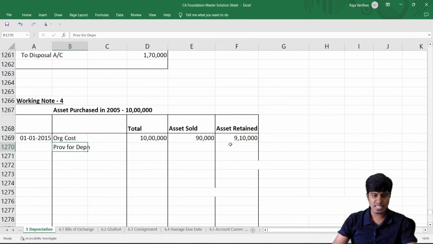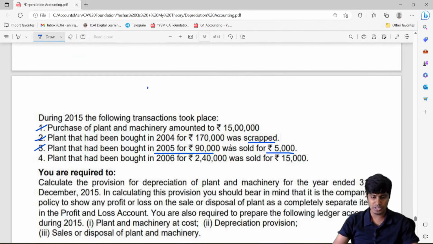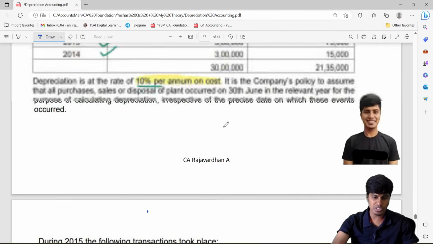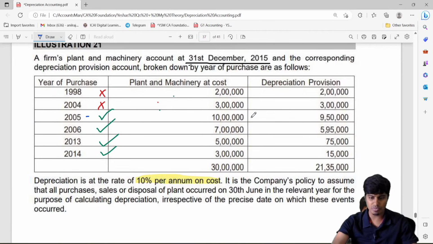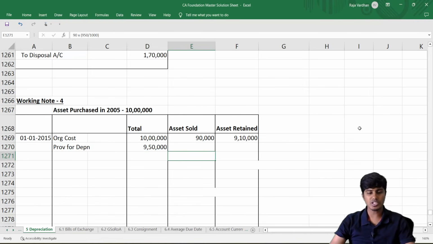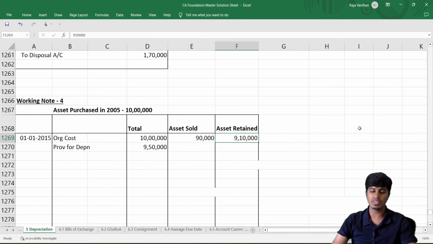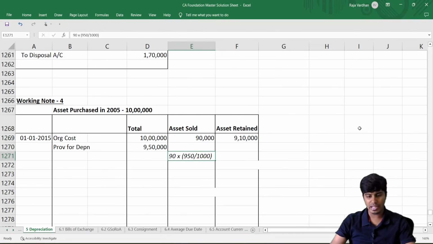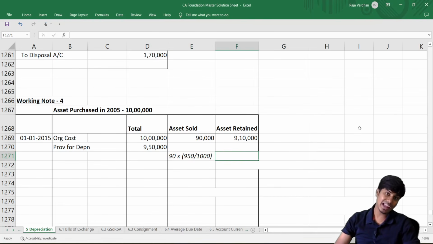And against this asset, how much is the provision for depreciation? Provision for depreciation for an asset purchased in 2005 is 9 lakh 50,000. So let me write here 9 lakh 50. This has to be proportionately allocated between these two. If it is 90,000 out of 10 lakh, then how much is it out of 9 lakh 50? 9 lakh 50 into 90 divided by 10 lakh, proportionate allocation, and 9 lakh 50 into 9 lakh 10 divided by 10 lakh.